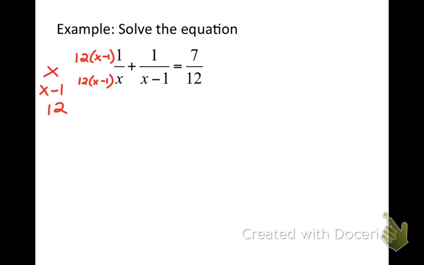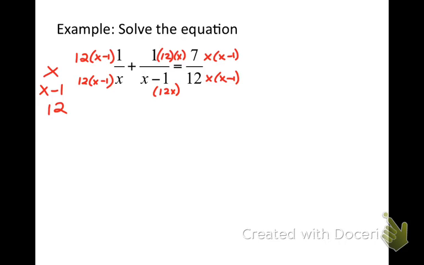The second fraction, what are we missing? A 12 and an x. So 12 times x, I'm just going to write 12x. And then in the fraction on the right side of the equal sign, what am I missing? Good. An x and an x minus 1.